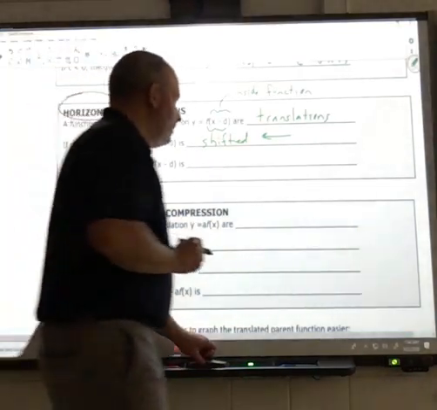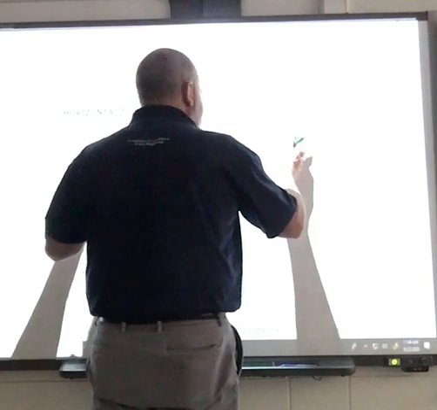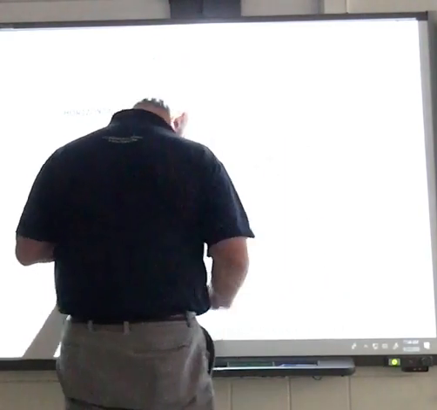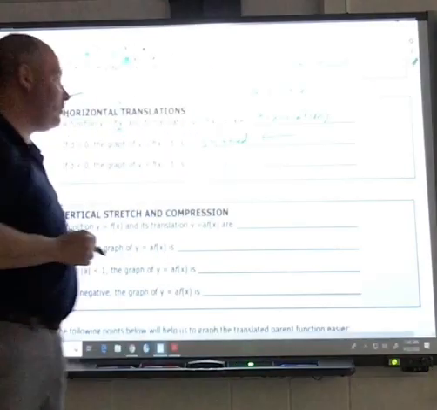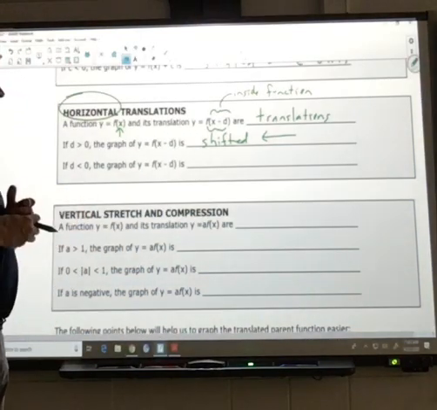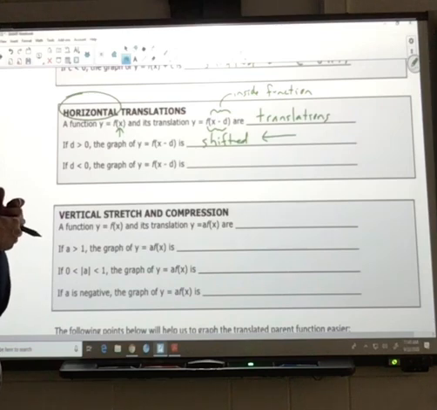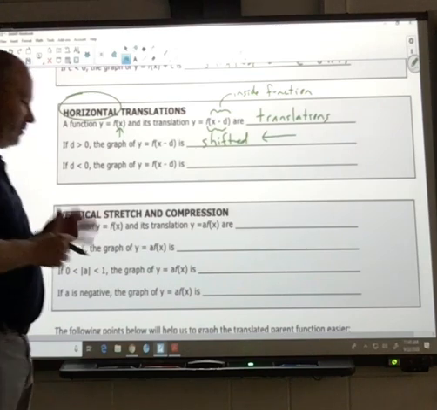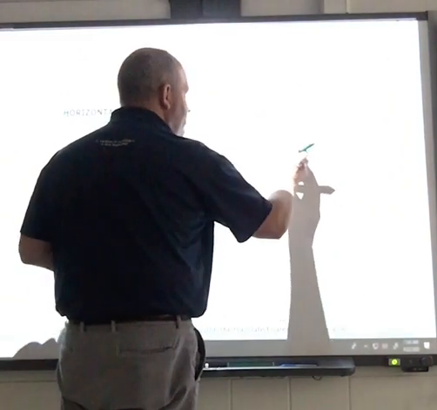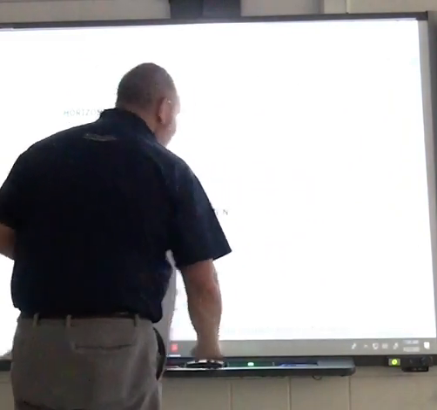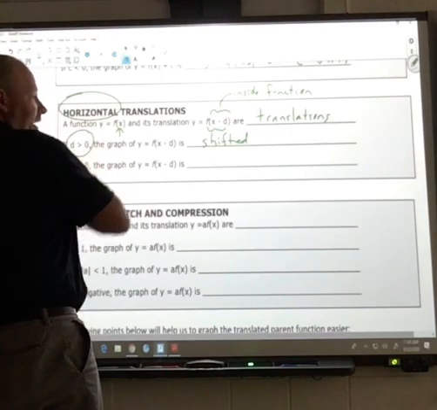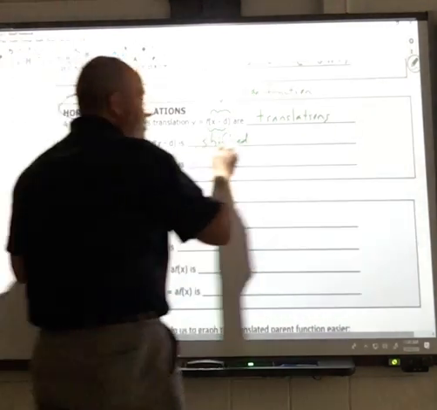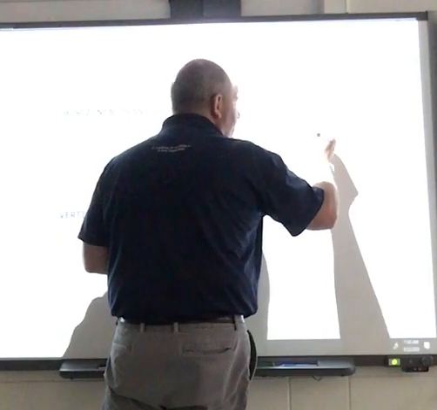Oops, sorry. No, you know what? I gotta get this language right. When it's in the form of the equation, it's a minus d. So when I switch the sign, and once I determine what my d value is, if it's greater than 0, it's shifted to the right d units.